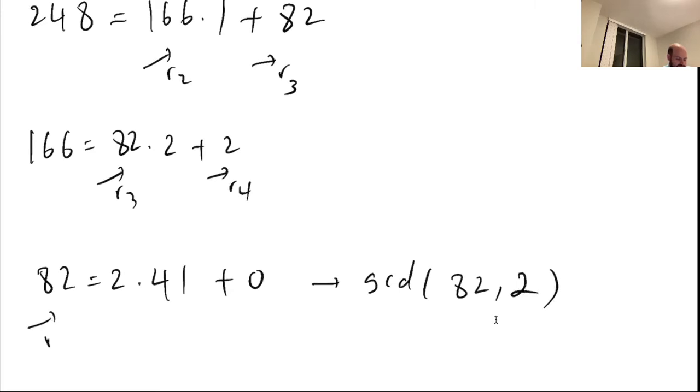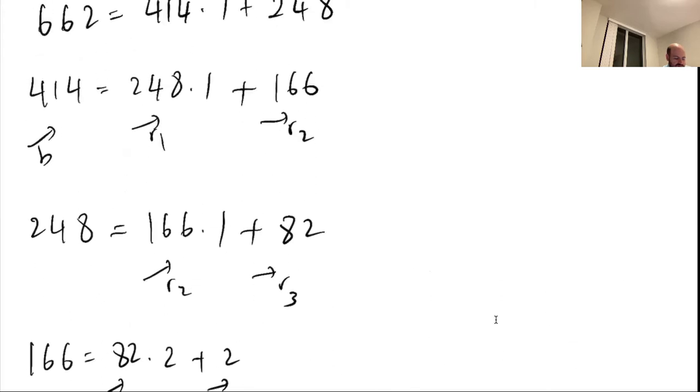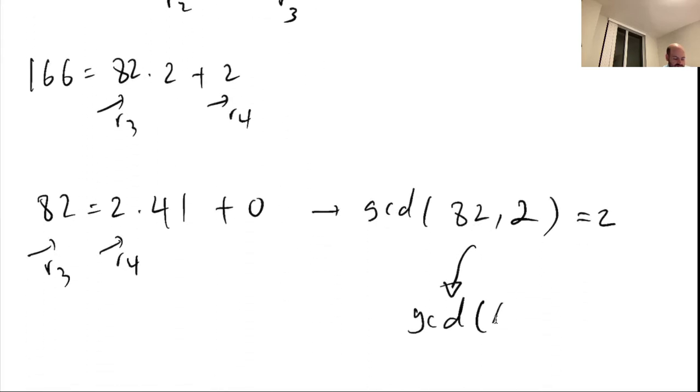So this was R3, this was R4. GCD of 82 and 2 is 2, which means that GCD of the original two numbers, 662 and 414, is also 2. Because GCD of 82 and 2 is 2 because one is a multiple of the other one.